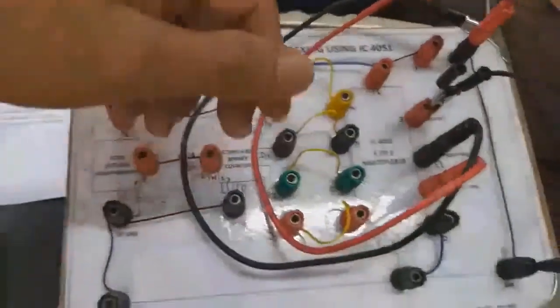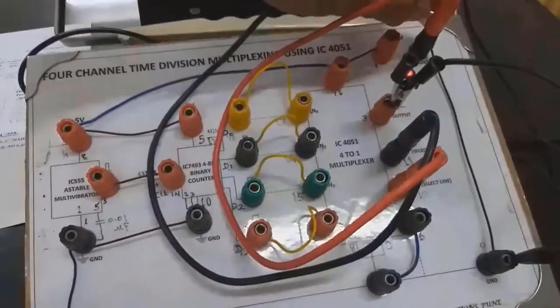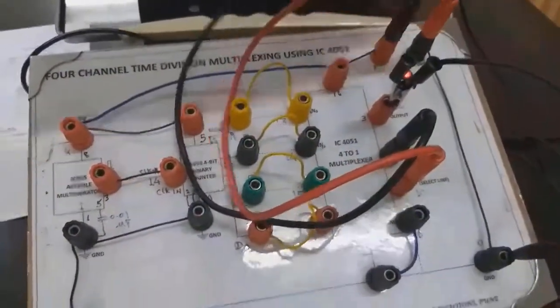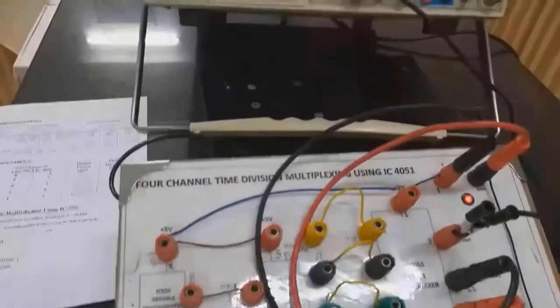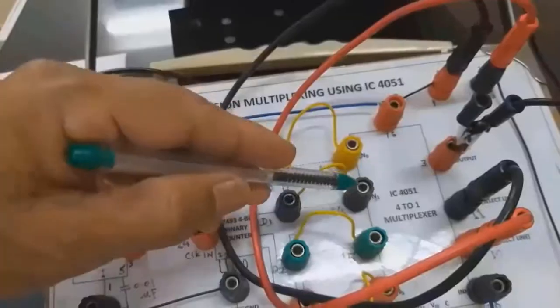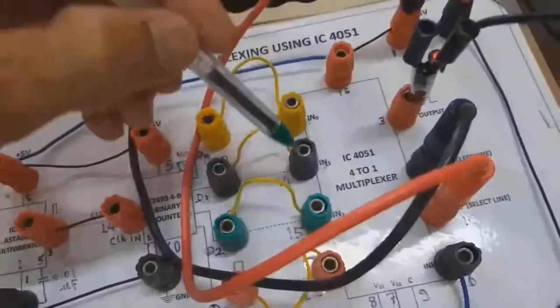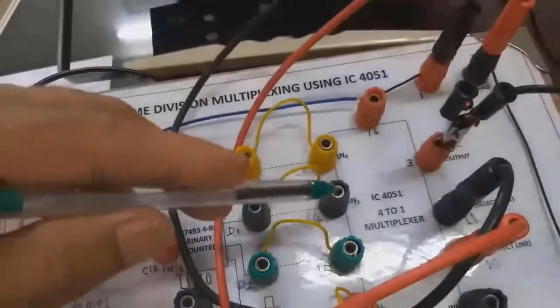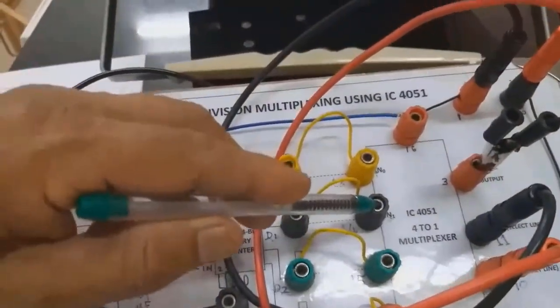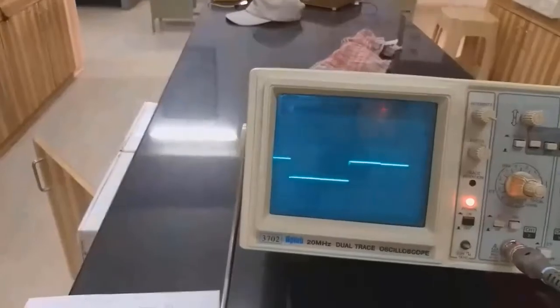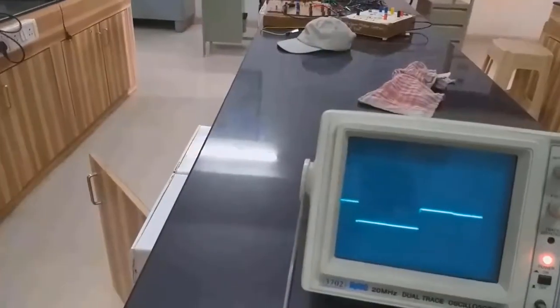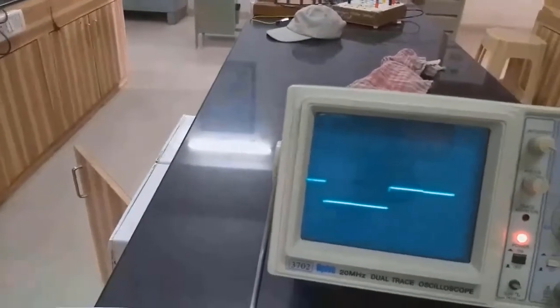Now, if you make A 1 and B 0, you have to connect A to 1 and B to 0, which means 0-1 logic is applied. Then the second input signal connected at in 1 will get selected, and its frequency is 2.5 kHz. So at the output on CRO, you should get a period equal to 0.4 millisecond, which is the period of a 2.5 kHz signal.